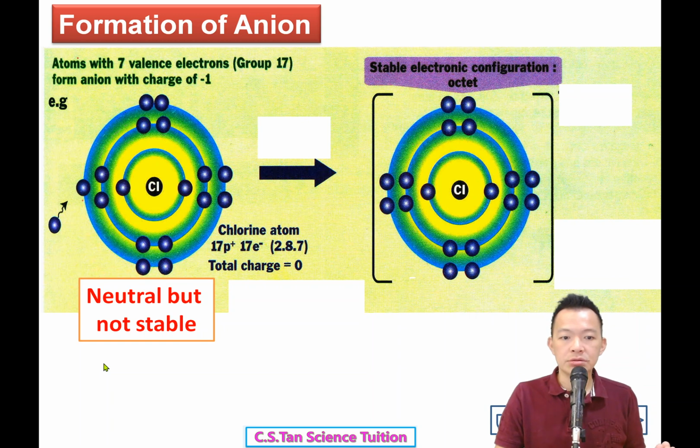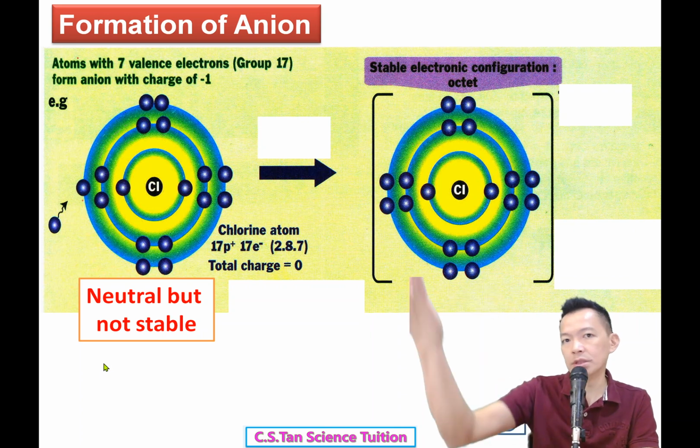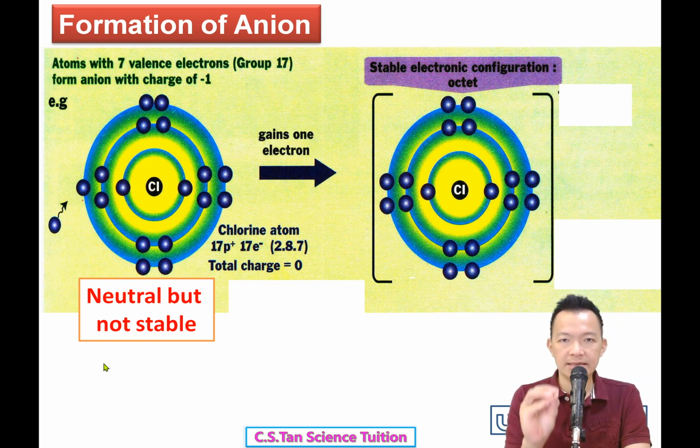So how to make itself become stable? During the chemical reaction, chlorine atom is going to gain 1 electron, but why gain 1, not lose 7? Receiving 1 dollar is easy, losing 7 dollars is very difficult, right?